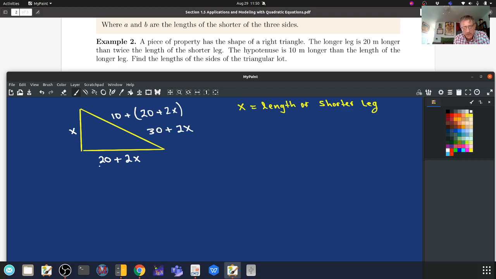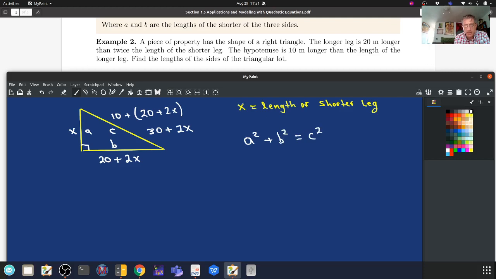Once I find x, I can plug it in here and find the length of this side, and then I can also find the length of the slanted side. Since this is a right triangle, if this is side a, this is side b, and this is side c, I know that a squared plus b squared is equal to c squared.